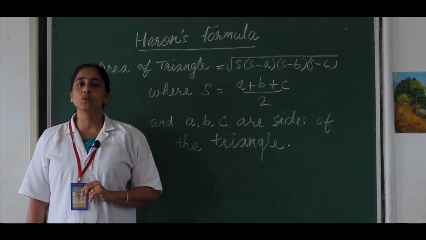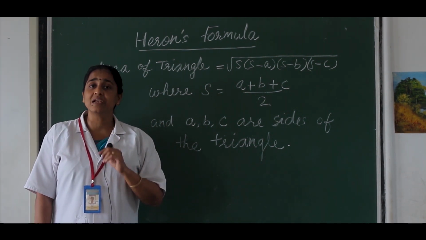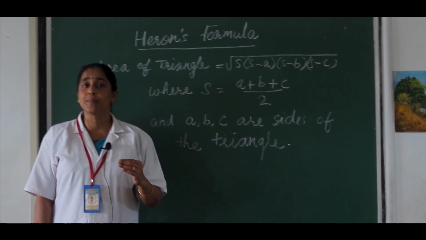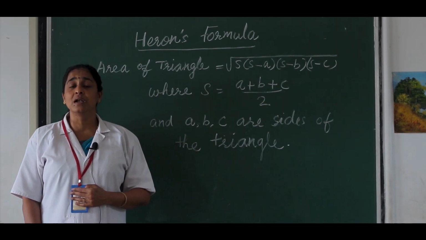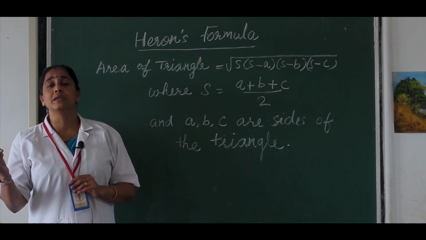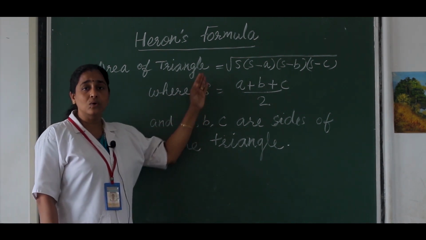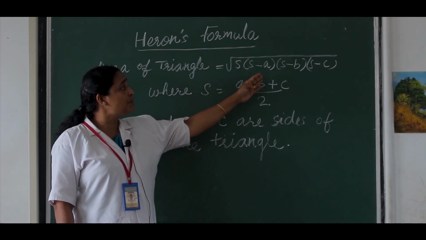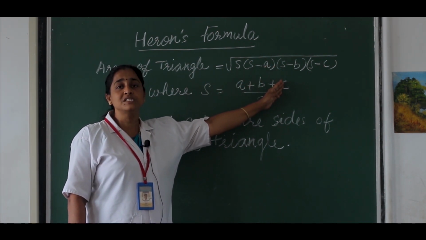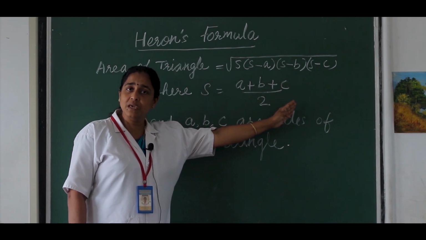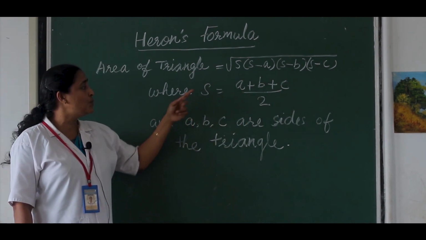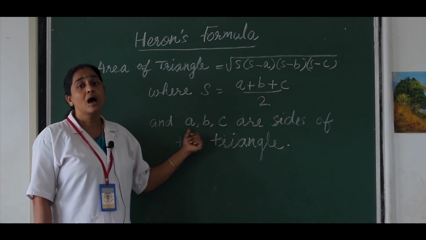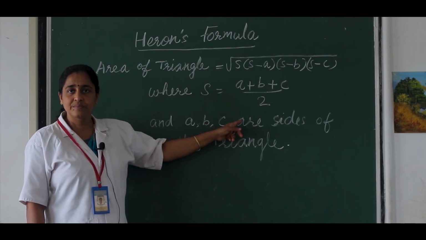This formula can be used for a scalene triangle. Whenever we are given the 3 sides of a triangle and need to find the area, we have to use Heron's formula.